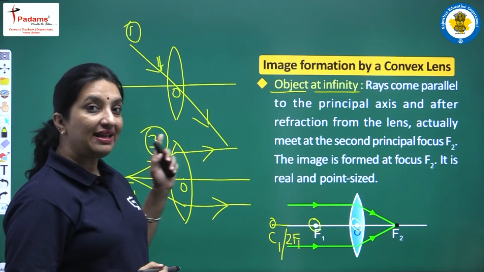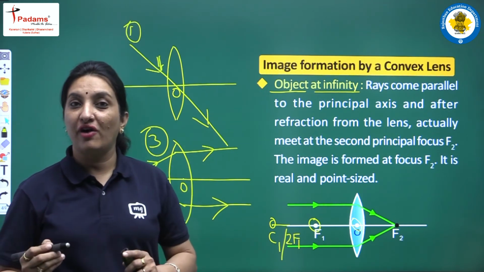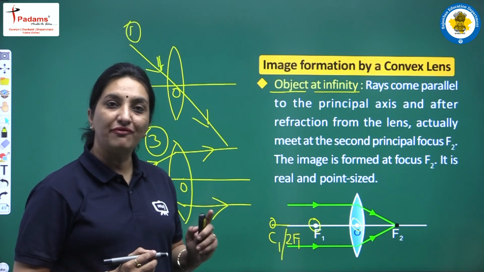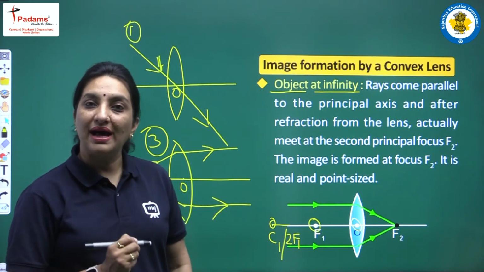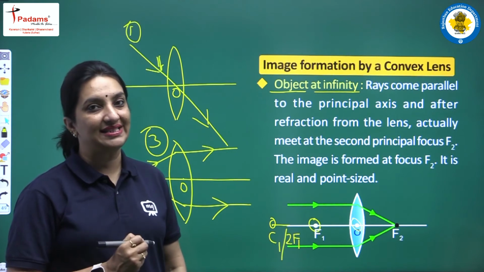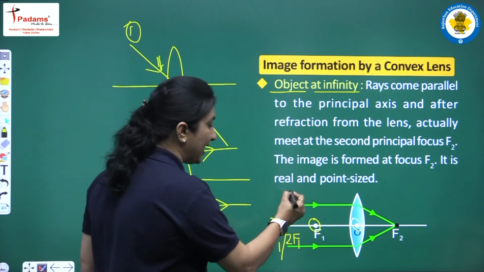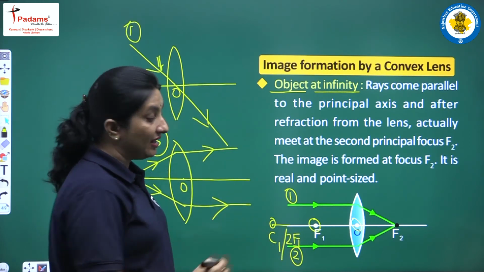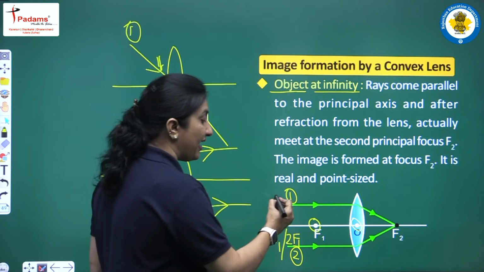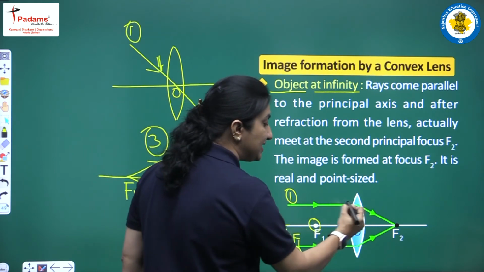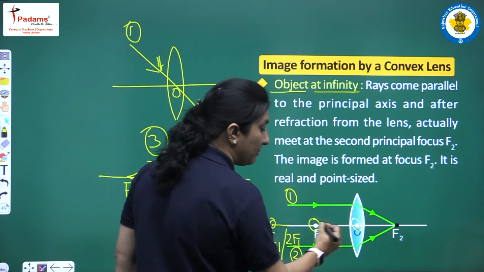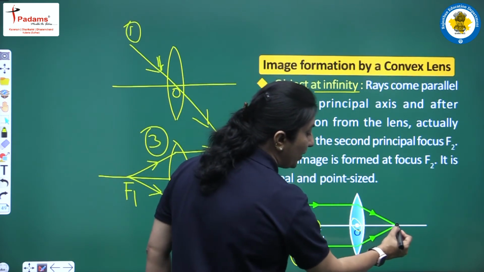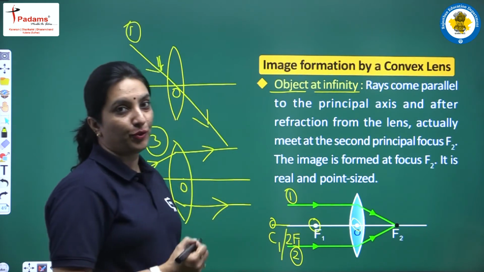Now the object is at infinity, the object is too far. So all the incident rays coming from the object will be parallel to the principal axis. So we can take 2 rays. Let this be the first ray and this be the second ray. The ray which is incident on the lens parallel to the principal axis, after refraction will go through F2.